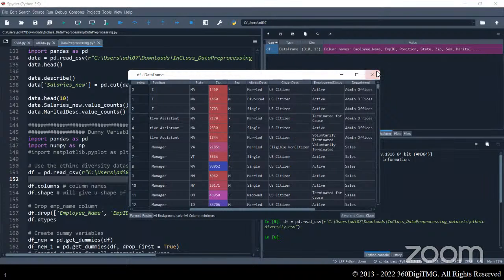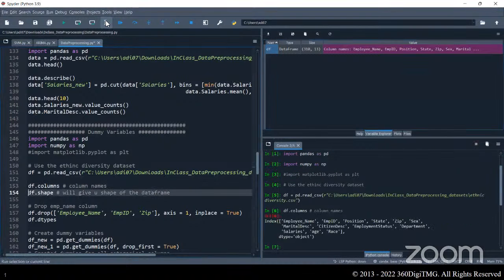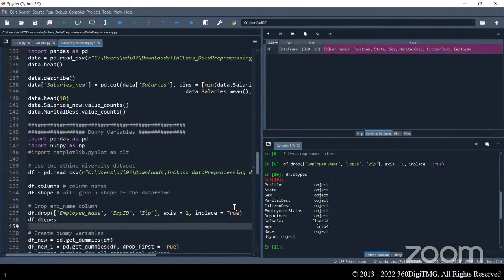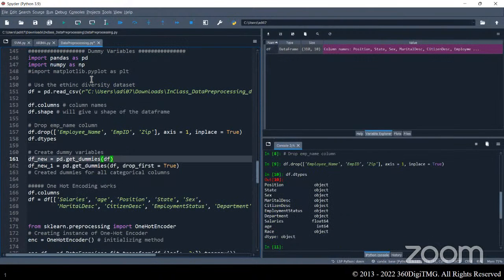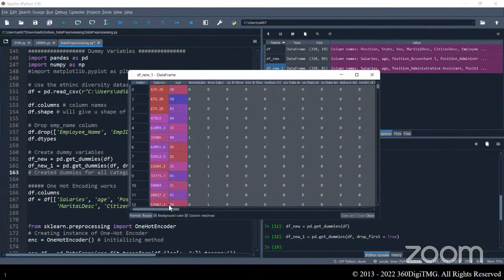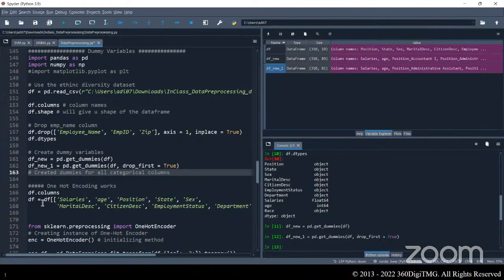What we'll do is we'll convert them into some sort of numerical values. All right, we'll drop the unnecessary columns and then we'll convert all of it into dummy variables. So here you can see that it has been converted into numerical values, zeros and ones.